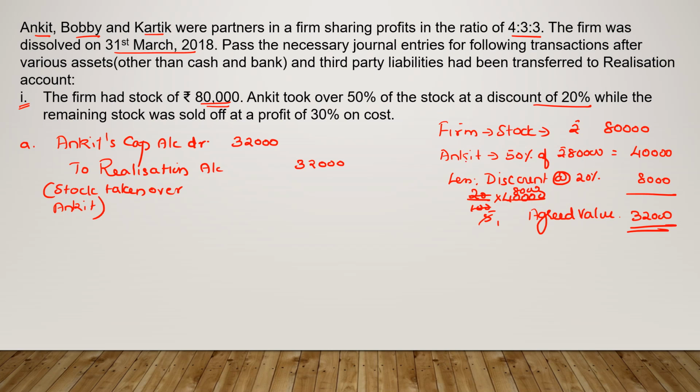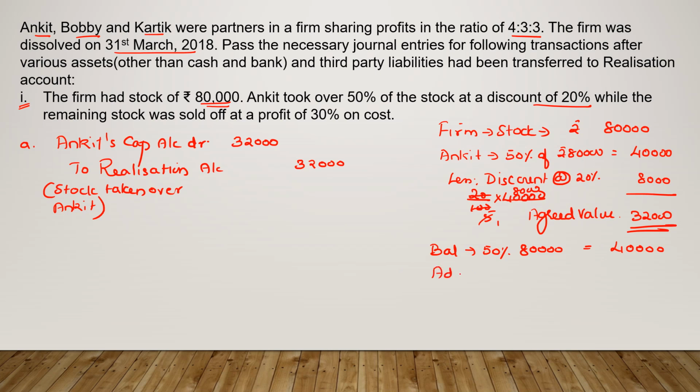So that is the first part. Now, only 50% of the stock was taken over by Ankit. What about the rest? The remaining stock, that is the balance, which is 50% of 80,000, that is 40,000. For this, they have said they were able to sell it off. It was sold off at a profit of 30% on cost. This is the cost.